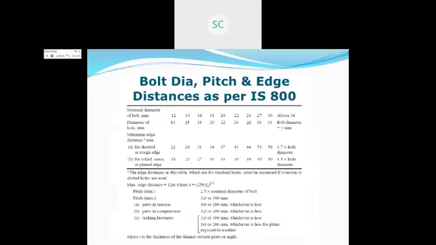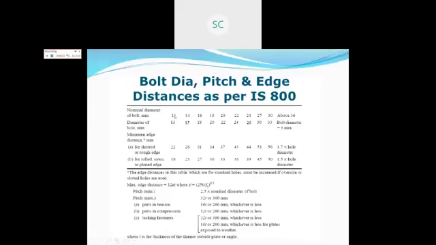Now, bolt diameter, pitch, edge distance as per IS 800 2007. See here, nominal diameter of bolt: 12, 14, 16, 18, 20, 22, 24, 27, 30 and above 36. Accordingly, you have to provide the diameter of hole to insert the bolt.